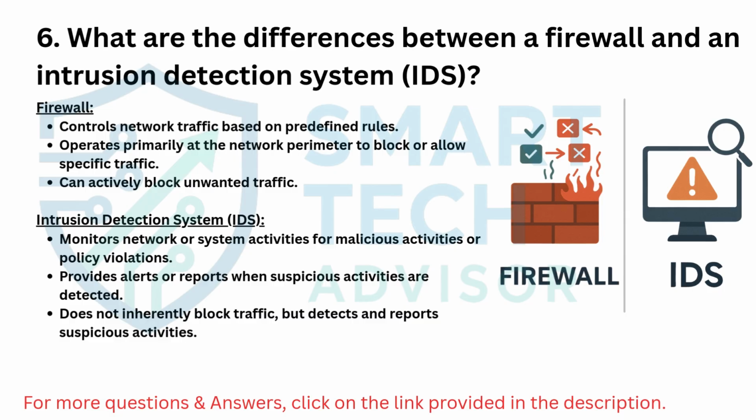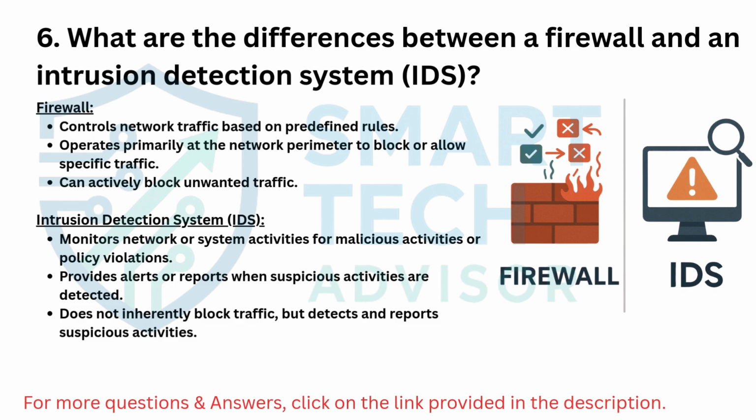What is the difference between a firewall and an intrusion detection system? A firewall controls network traffic based on predefined rules, operates primarily at the network perimeter to block or allow specific traffic, and can actively block unwanted traffic.